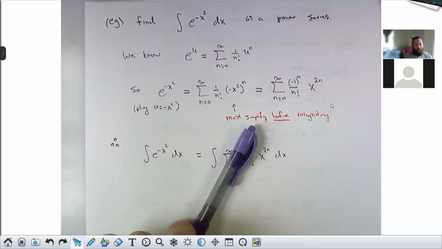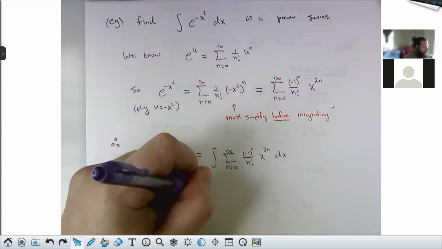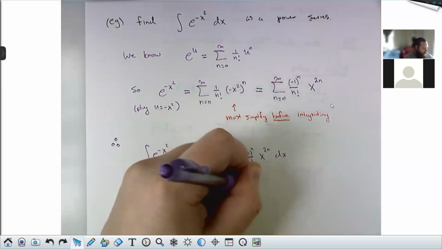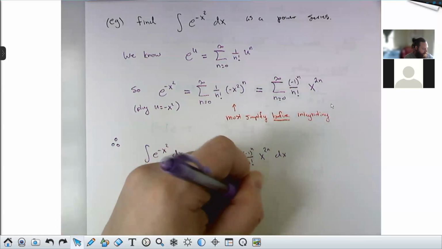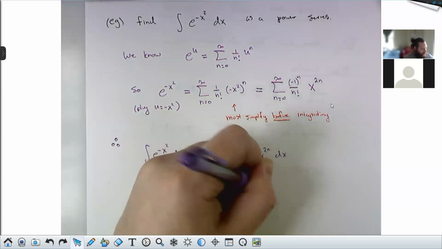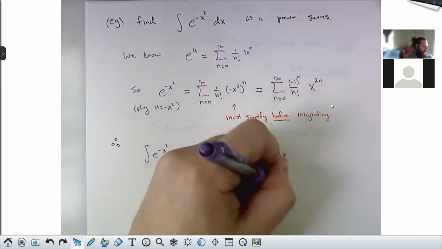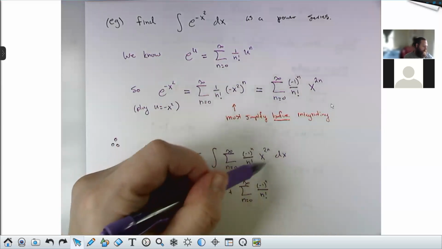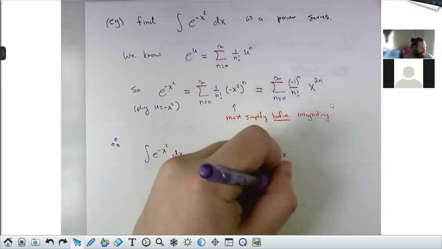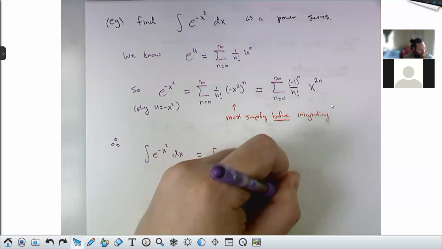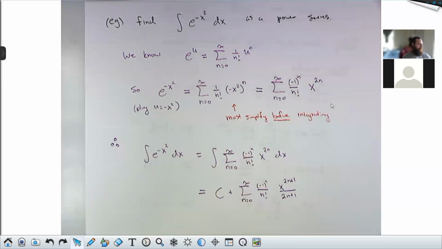You just pretend like you're integrating x to the 2n. Everything else comes along for the ride. Because we're doing an indefinite integral, we do get a plus c here. The sum from n equals 0 to infinity of negative 1 to the n over n factorial stays. When you integrate x to the 2n, you get x to the 2n plus 1 divided by 2n plus 1.